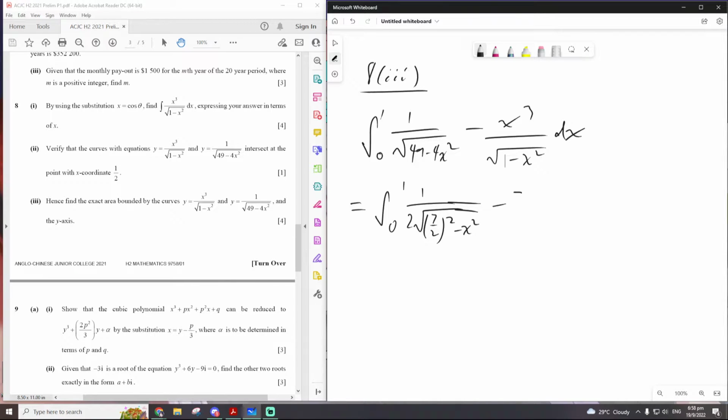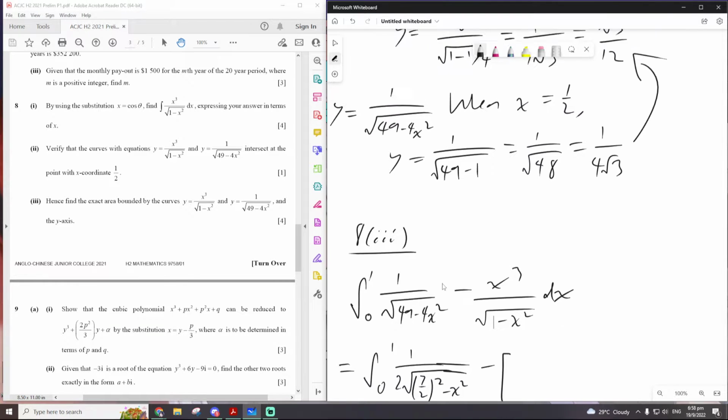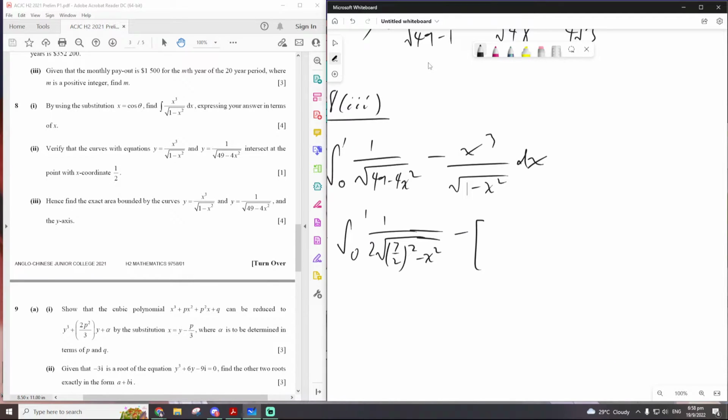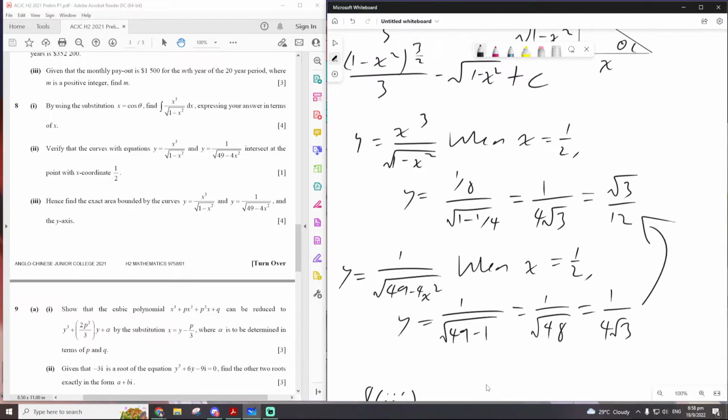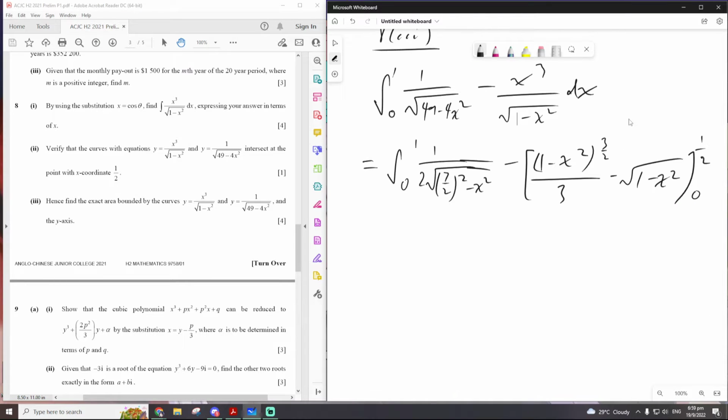Minus, okay, you can write down the integral for this, which is 1 minus x squared to the 3 over 2 power, divided by 3, minus square root 1 minus x squared. We're going to go from 0 to half. And then on the left hand side, we'll work out what this is.